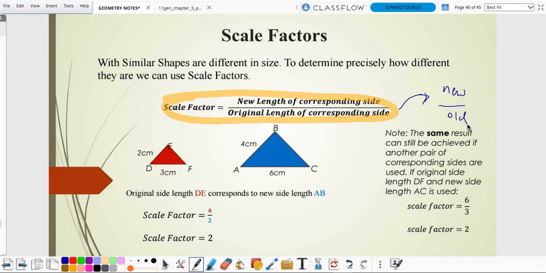If we went with Lily's example, say I was 30 centimeters when I was a baby, and now I'm 150 centimeters. So the scale factor is 5. I got 5 times bigger. Does that make sense?